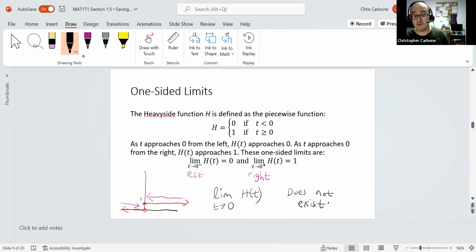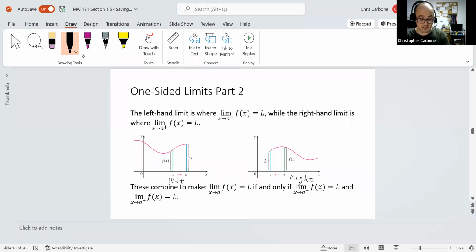Since they're two different numbers, and as we just said in this particular slide here, they have to be the same for this limit to actually make sense and give us a value.